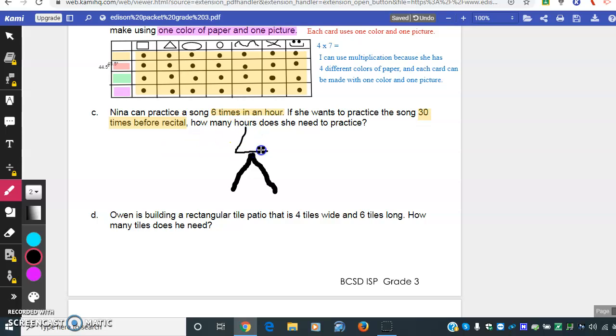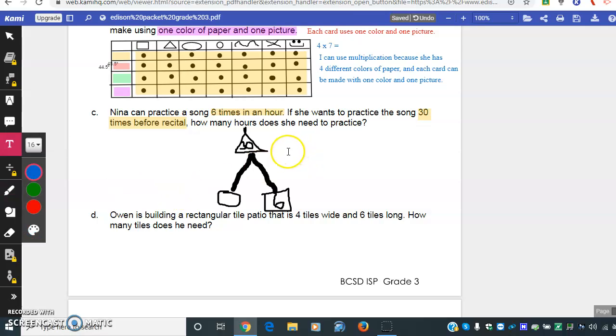And the top is where I put my total. Down here is where I put my groups, and this is where I put my number in each group. I know that she can practice the song 6 times each hour, so my 6 goes here. And I know that she wants to practice the song 30 times, so the 30 is going to go here. And a lot of you would tell me, Mrs. Knight, this is division, and you would be absolutely correct.